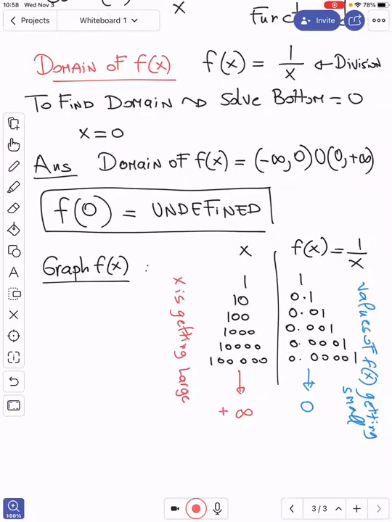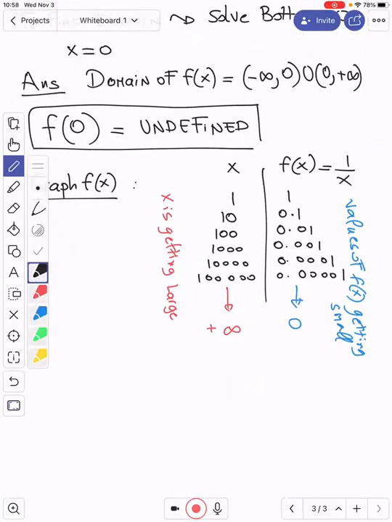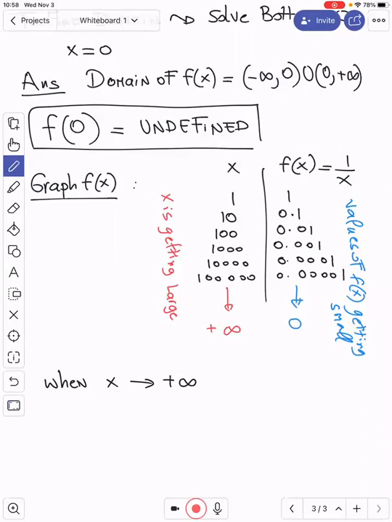So what we are saying here is that when x approaches positive infinity, f of x approaches zero. Again, the arrow, guys, means approaches or close to.